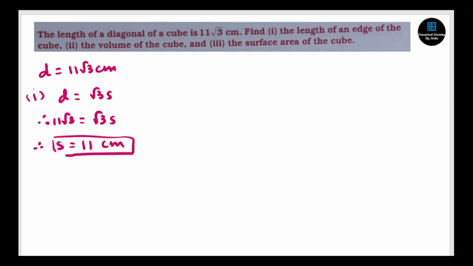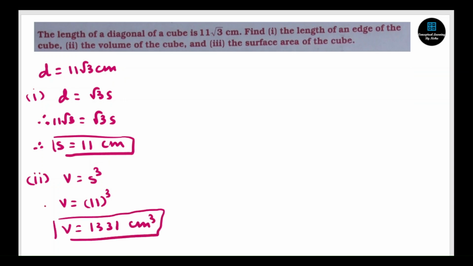Now the second answer, we have to find the volume of this. So volume is equal to side cube, and we'll get volume equals 11 cube. Now 11 cube is 1331 centimeter cube. So we got the second answer also, right? And now the third answer. So we have to find the surface area. So surface area is equal to 6s square.